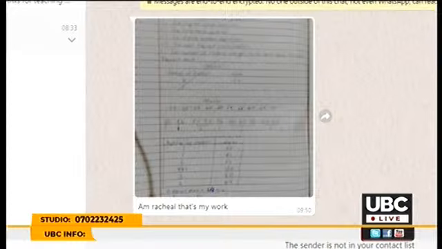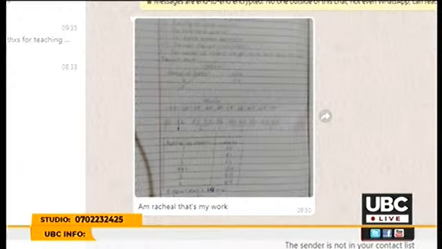Yes, I'm looking at Rachel's work. Rachel, thank you so much for trying. Rachel is trying to look for the median. I cannot hear the caller. The call is dropping.